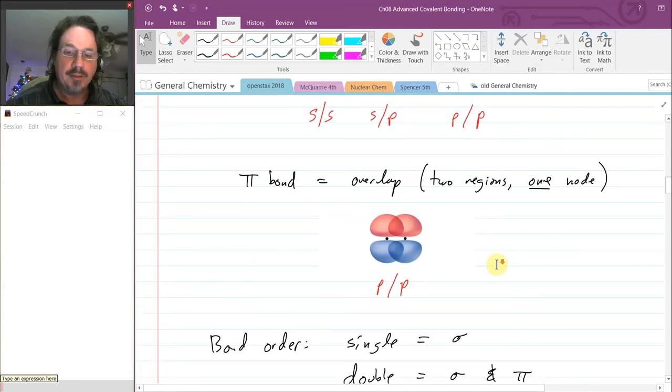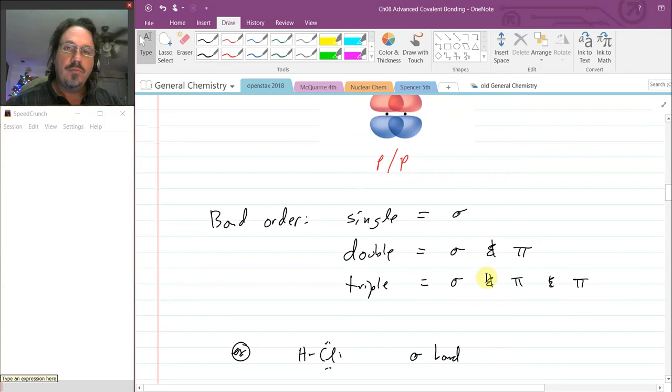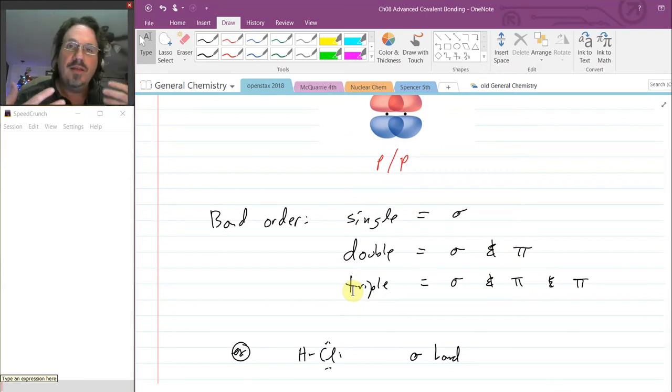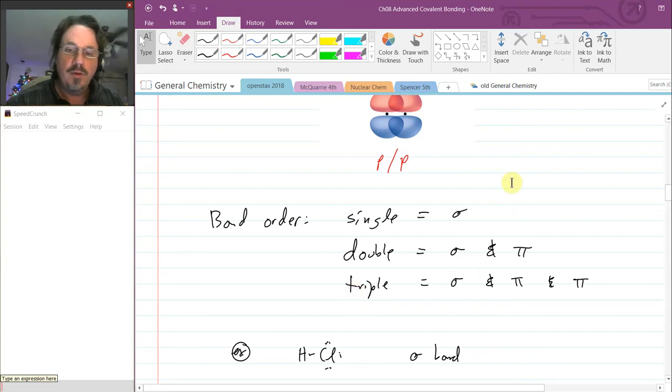Now to form the traditional single, double, and triple bonds, I'm going to be overlapping these atomic orbitals in the different ways that both sigma and pi can do. A single bond is always composed of a sigma type overlap, so a sigma, or one region. If I have a double bond between two atoms, then I'm going to need two types of overlaps, and it's always going to turn out to be a sigma and a pi.